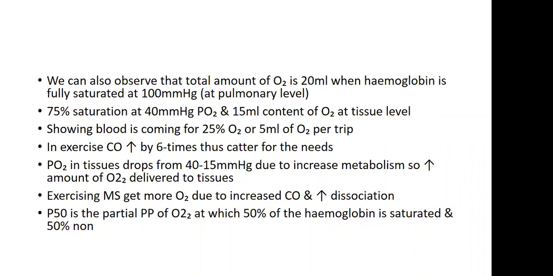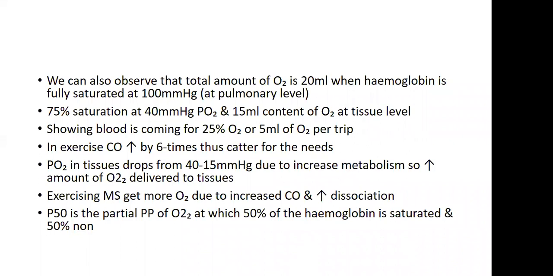Exercising muscles get more oxygen due to increased cardiac output and also due to increased dissociation. Exercising muscles दोनों इस्तेमाल करते हैं, availability of more blood, cardiac output, and also increased dissociation, quick disposal of the oxygen by the hemoglobin.